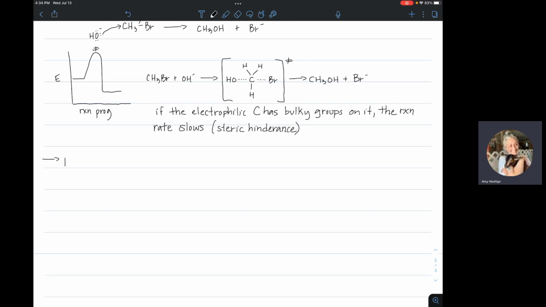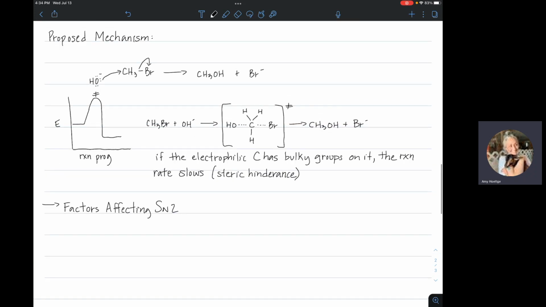So let's look at some factors that will affect the SN2 process. Remember, this is a nucleophilic substitution reaction, and it is bimolecular. It means that both of the reactants' concentrations are going to matter in the slowest step of the reaction. It is a one-step process. So this is a concerted process.